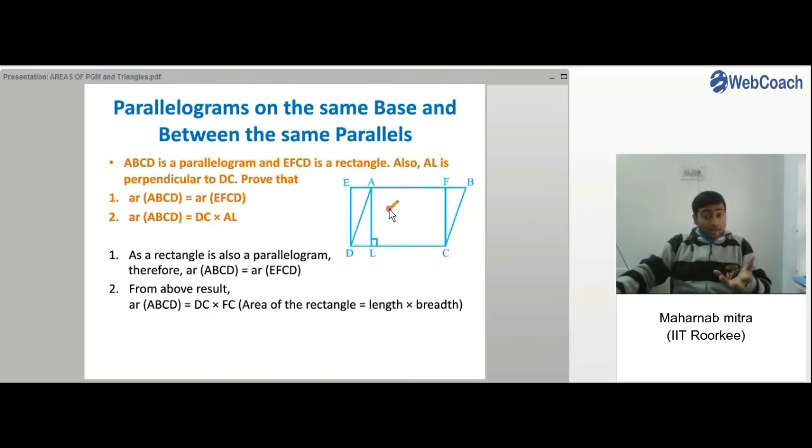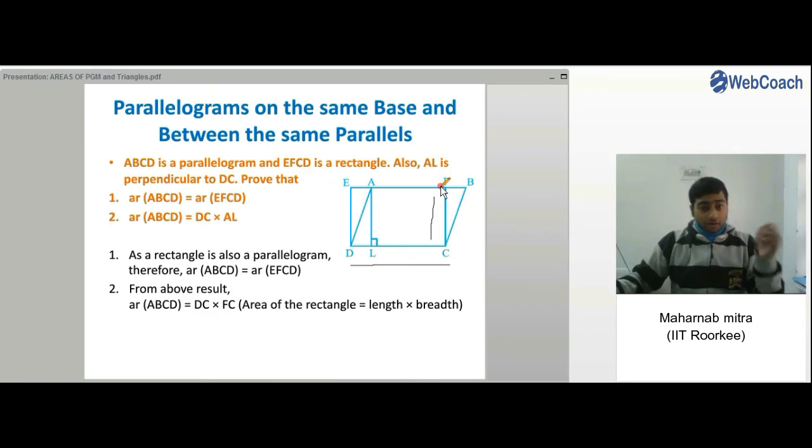And what is the area of the rectangle? The multiplication of two sides. So one of the sides is DC for the rectangle and FC, right? So DC into FC gives us the area of the rectangle, and the area of the rectangle is equal to the area of the parallelogram. So area of the parallelogram ABCD is DC into FC, right?